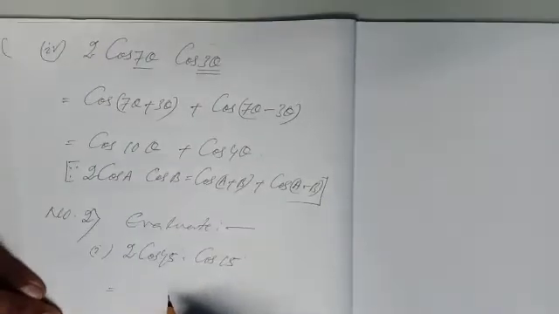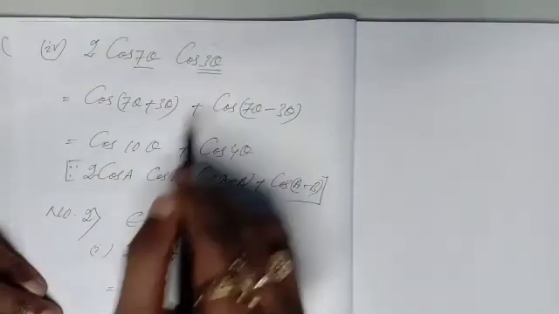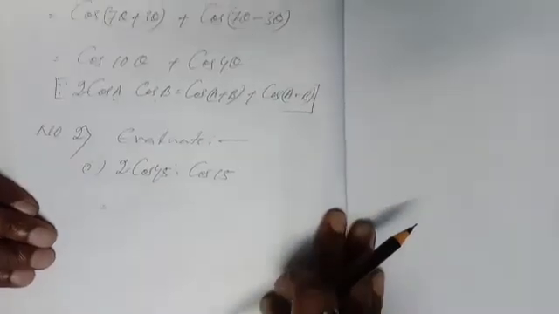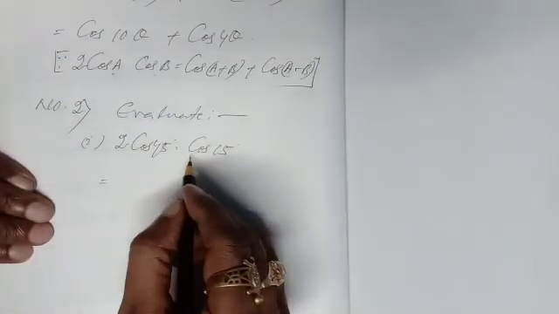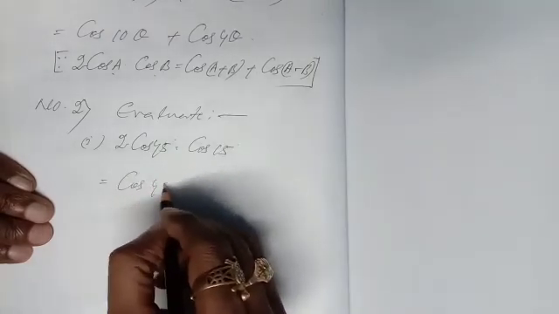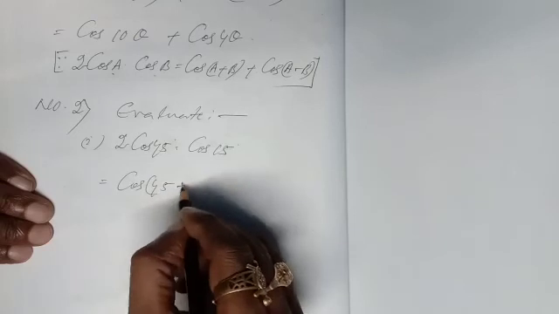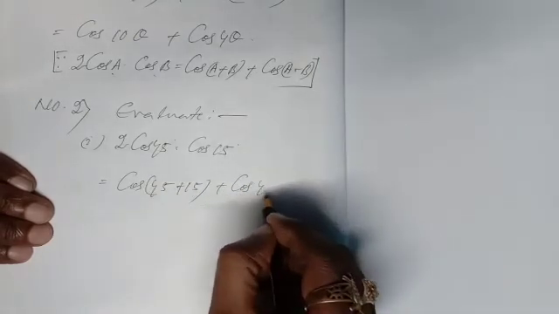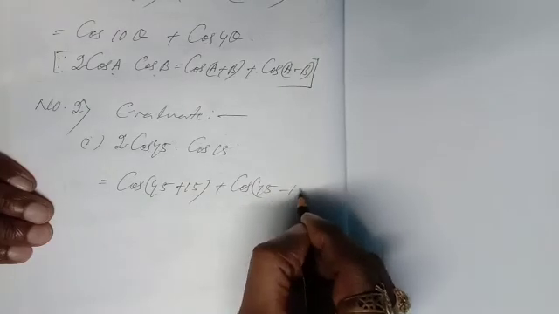The formula is cos(A plus B) plus cos(A minus B). Here A means 45, B means 15. This will be cos(45 plus 15) plus cos(45 minus 15).